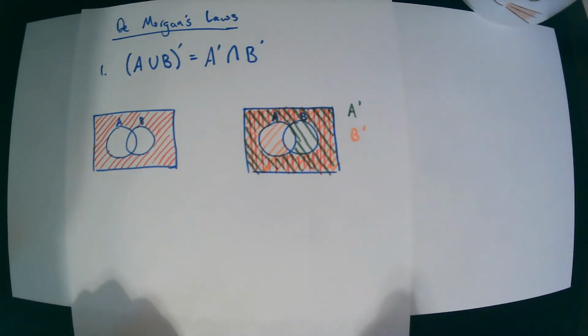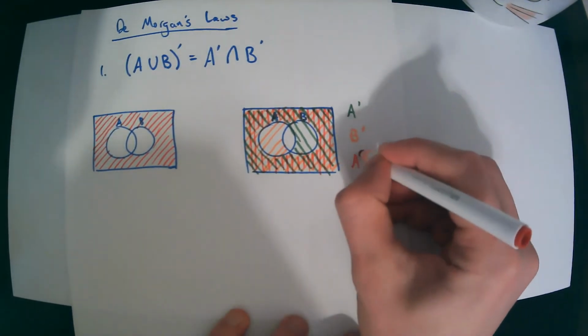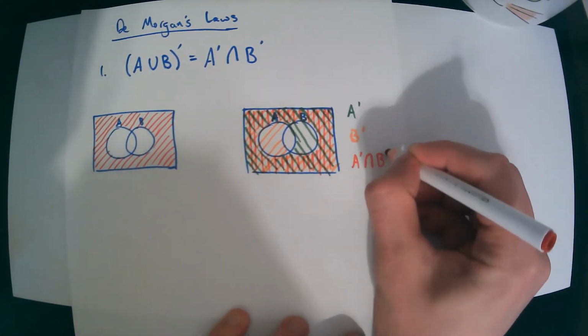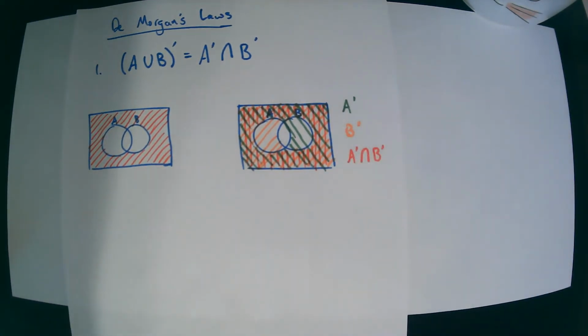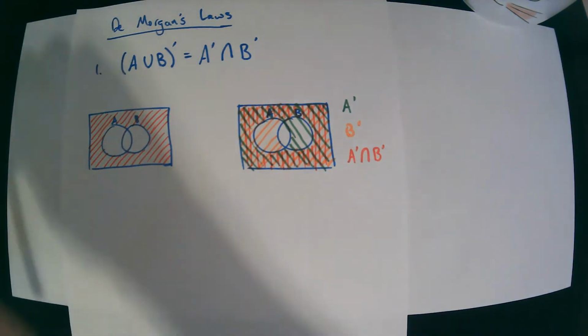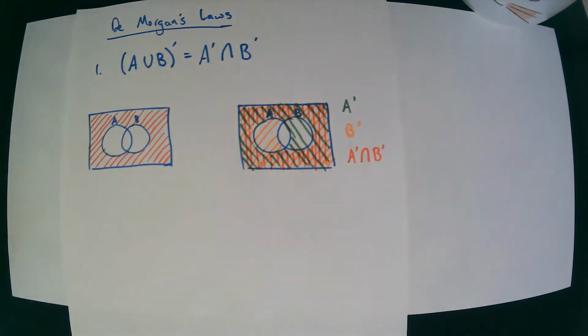So they are in fact the same. The red lines here represent the intersection of the green and orange lines. Cool. That's De Morgan's law number 1.